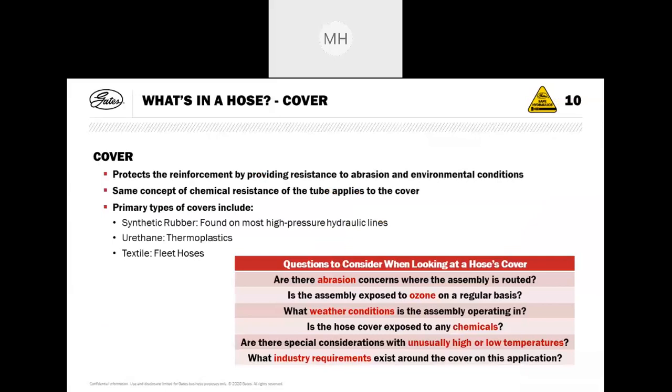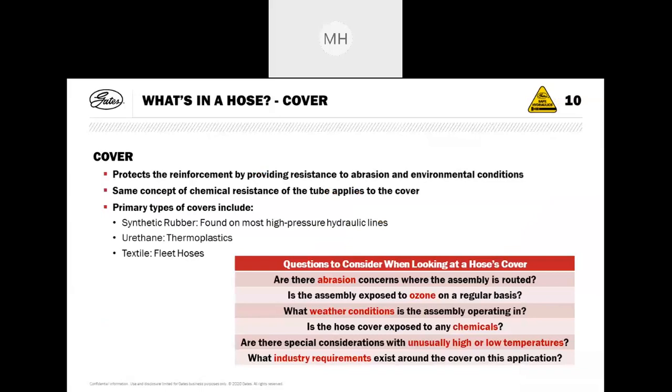Now, the questions to ask when considering the hose cover are as below: are there abrasion concerns where the assembly is routed? Is the assembly exposed to ozone on a regular basis? What weather condition is the assembly operating in? Is the hose cover exposed to any chemicals?